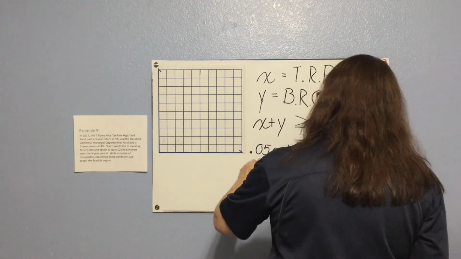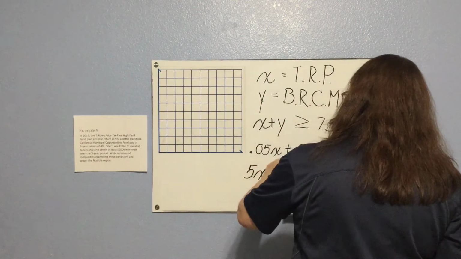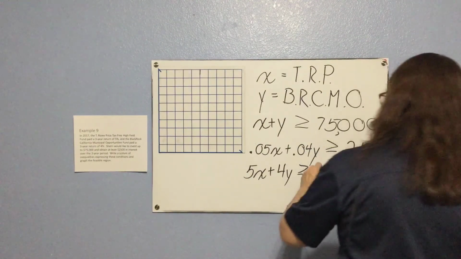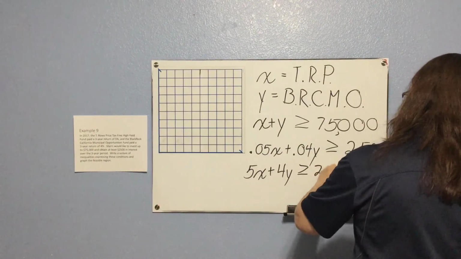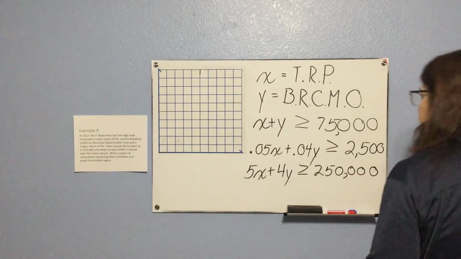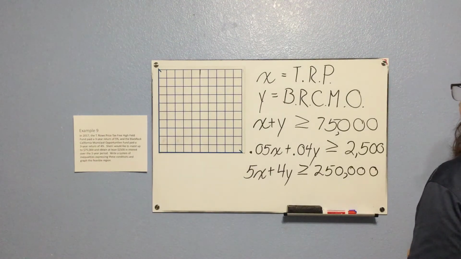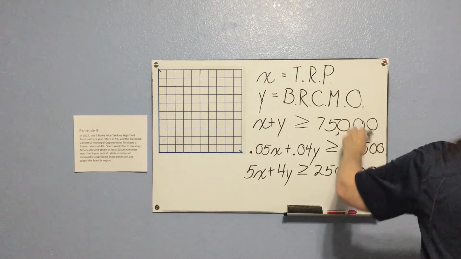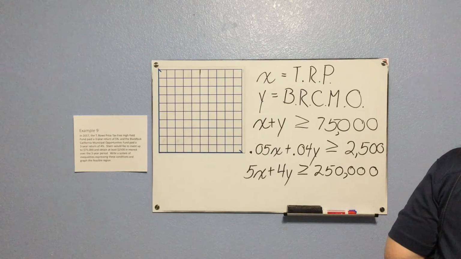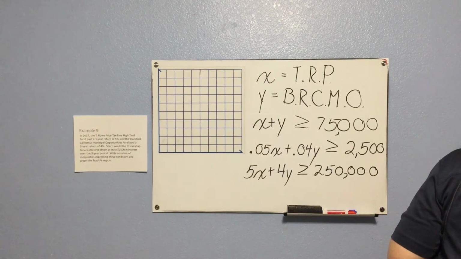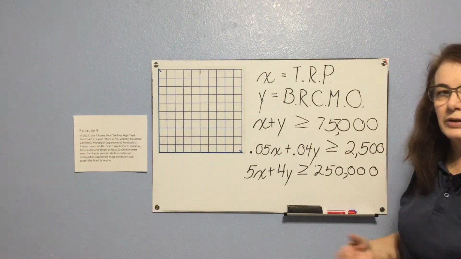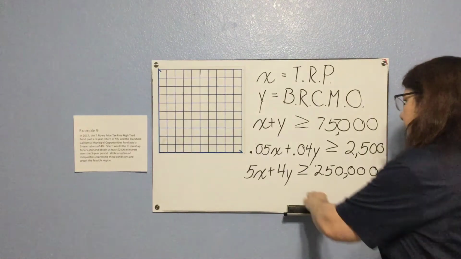So I have 5x plus 4y greater than or equal to $250,000. Okay, so now these are a little more in sync with each other in the same range of numbers.